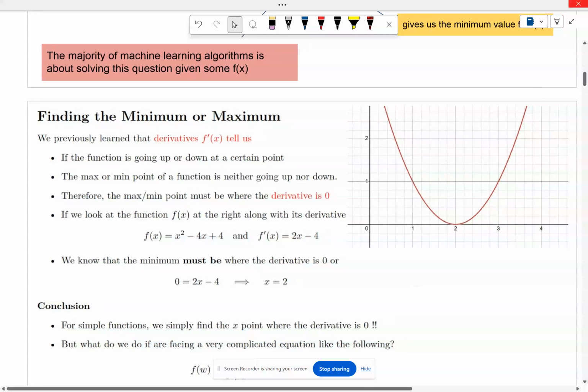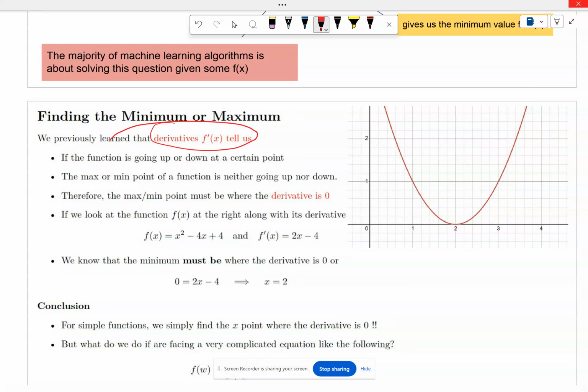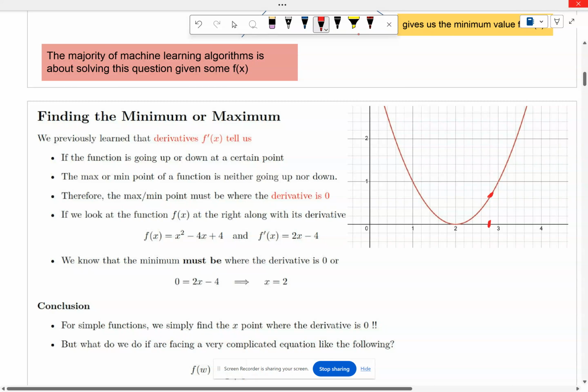So, finding the minimum or maximum. We worked previously on derivatives, and I emphasized that the derivative basically tells us if the function is going up or down at a certain point. Over here, the derivative is going to be positive because the function is going up as x increases. Over here, instead, the derivative is going to be negative because the function is going down as x increases.